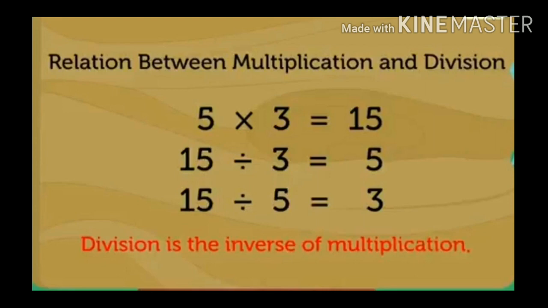So, here 5 multiplied by 3 is equal to 15, and if we have to do the division fact for this multiplication, we'll do the product divided by the multiplicand, which gives the multiplier, or you can do product divided by multiplier, so you get the multiplicand, which means if we divide 15 by 3, we get 5, and if we divide 15 by 5, we get 3.